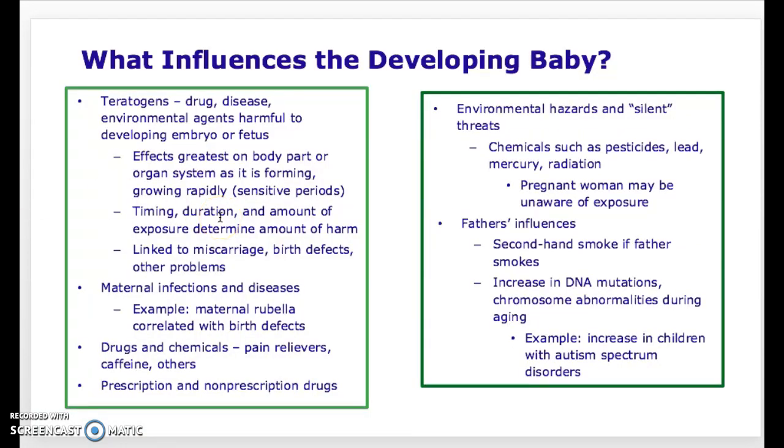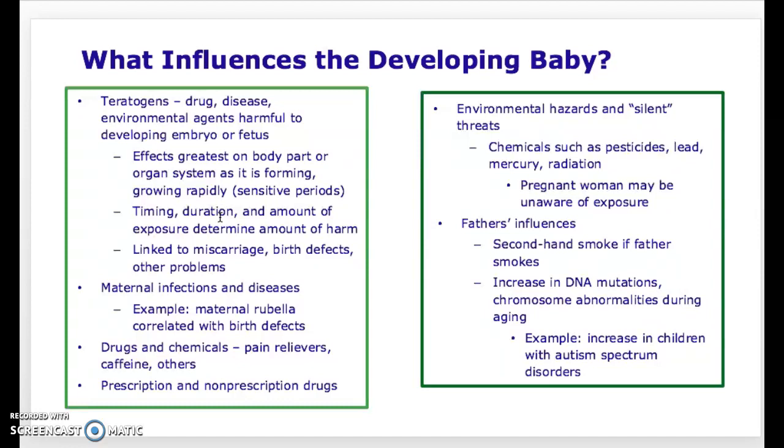So what influences a developing baby? Teratogens are agents that directly influence the developing baby. So when we talk about things like drugs, disease, and environment, these all can be very, very harmful to the developing embryo or fetus.